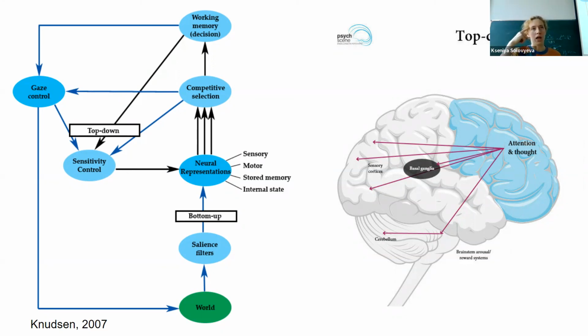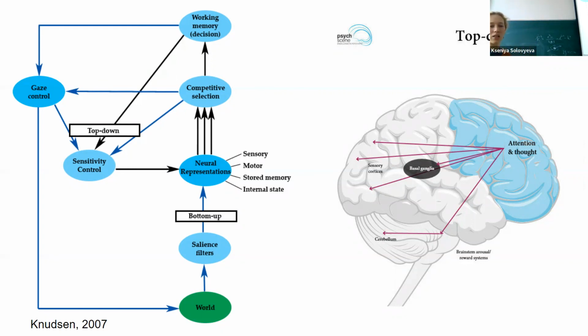For example, I have a special goal to find food, and so all the things which are connected with food are highlighted in my brain. So I came to the room and I see the fridge, the Snickers or something.